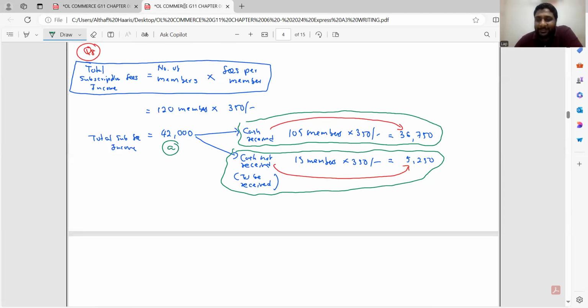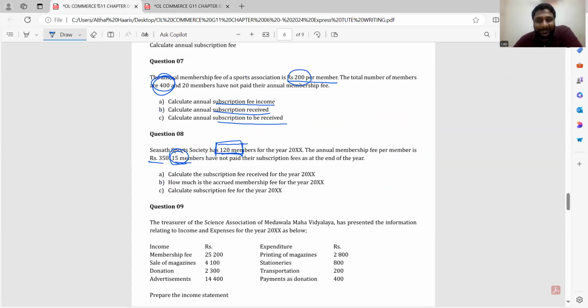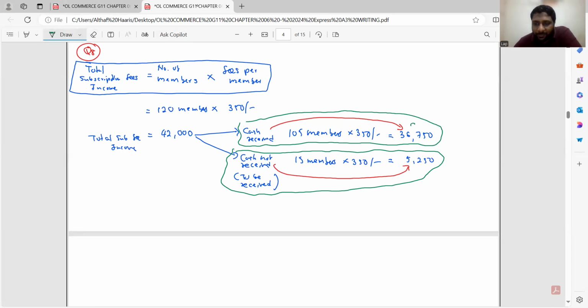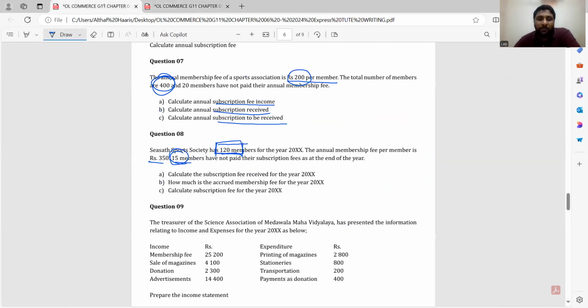So second one, they're asking people. Part A, they're asking how much received. 36,750. Part B, they're asking accrued membership. Accrued membership means people to be received.